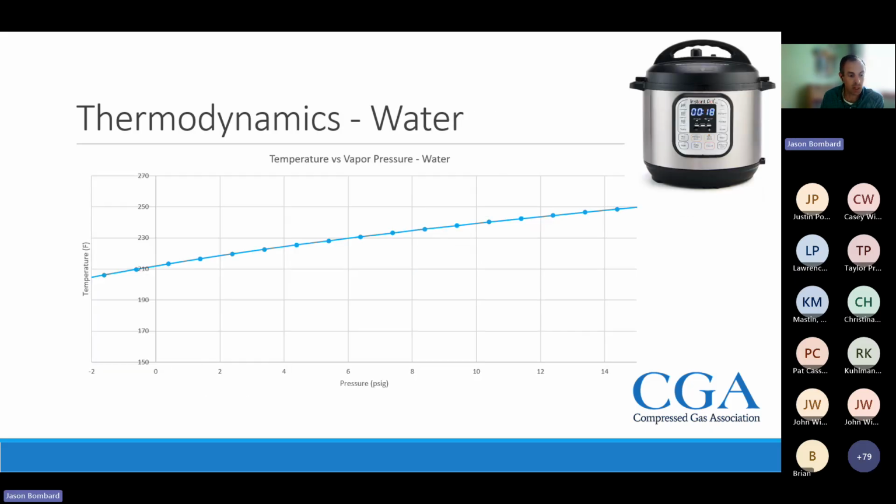Another example, I've reversed the scales here. So this is just looking at water in an Instant Pot, something that a lot of us have in our houses. So here you start out at zero psi when you first fill it with water. When you turn that on, you'll heat that water up to 210 degrees where it starts to boil.